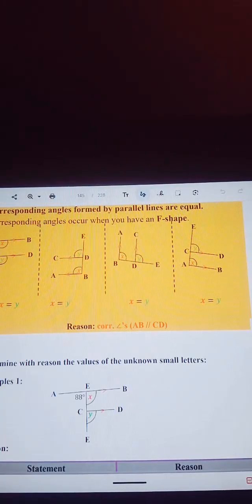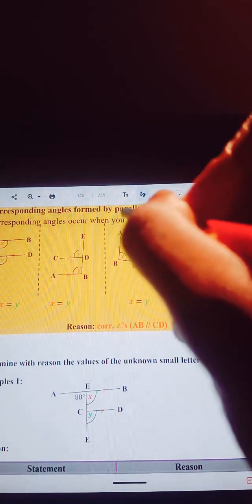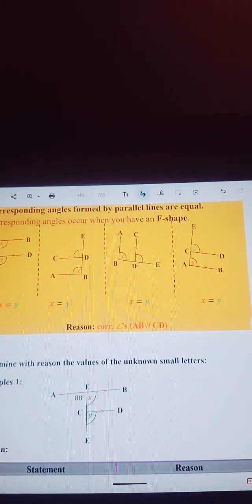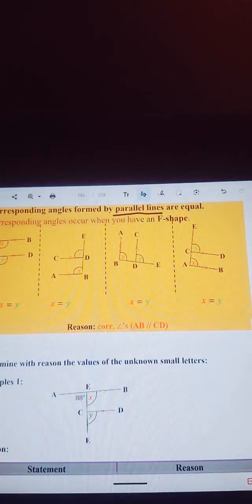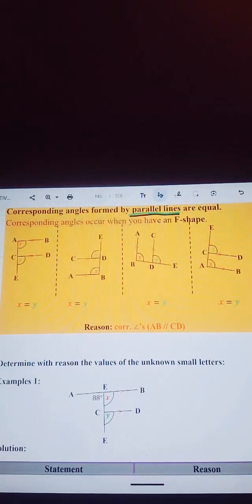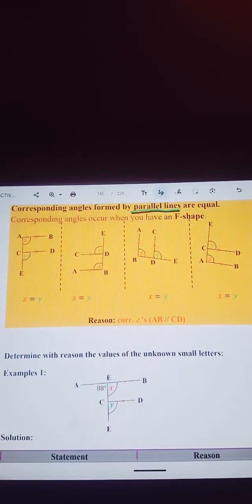I'm just going to underline that: parallel lines. So corresponding angles are formed by parallel lines.